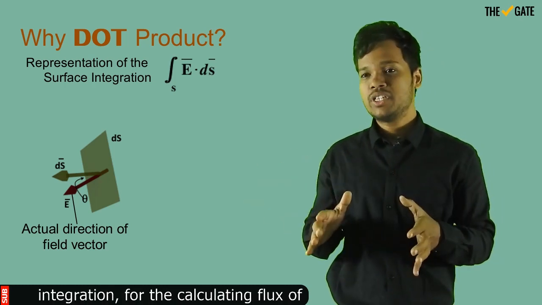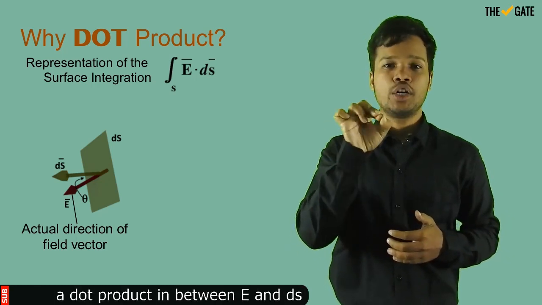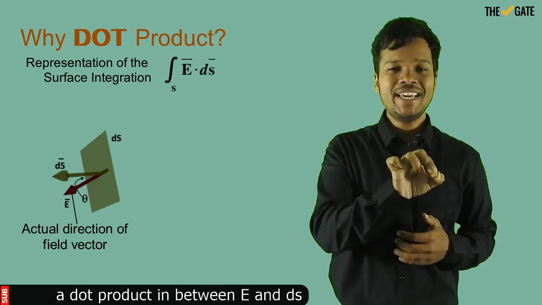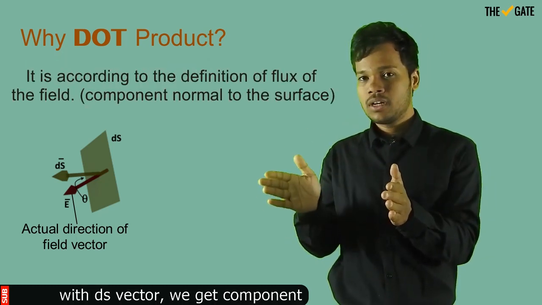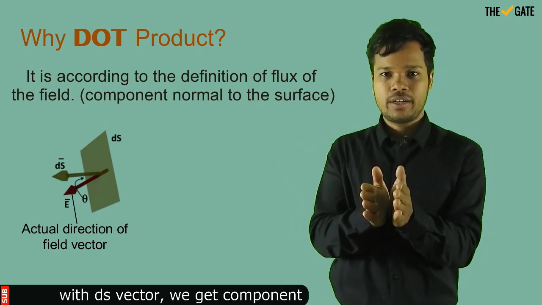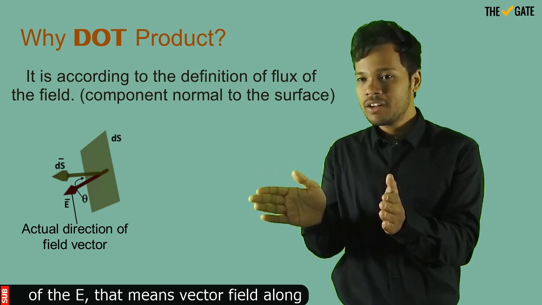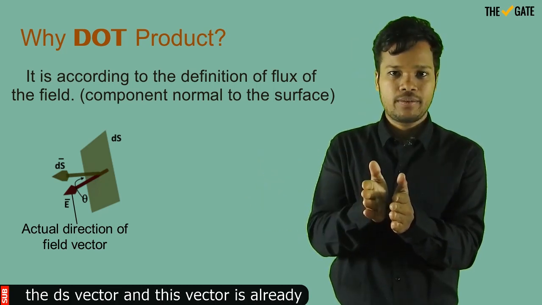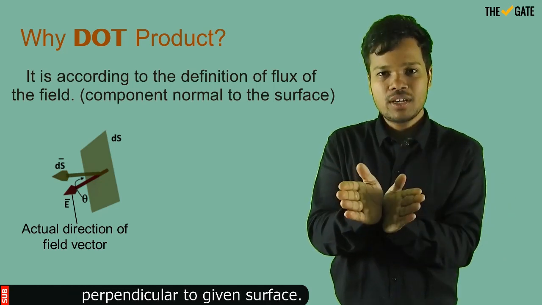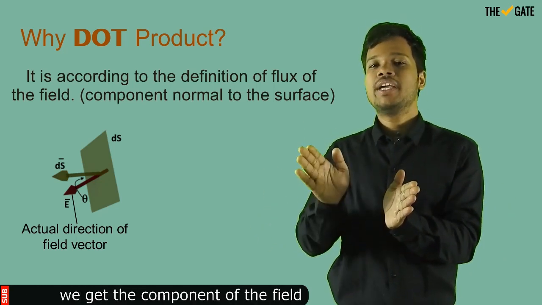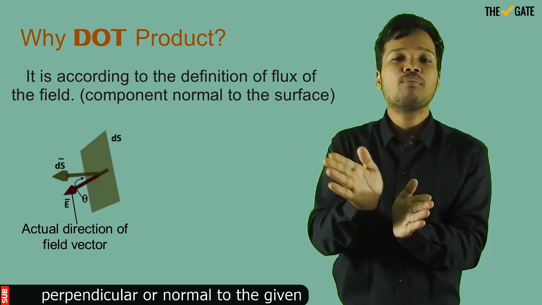But for the surface integration, for calculating flux of the field, we need a dot product in between E and ds. Once again, I am repeating. When we dot E vector with ds vector, we get component of the E, that means vector field, along the ds vector. And ds vector is already perpendicular to the given surface. Therefore, we get the component of the field perpendicular or normal to the given surface.